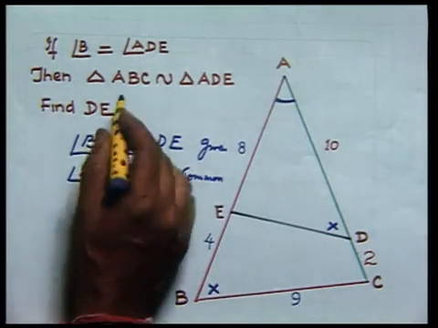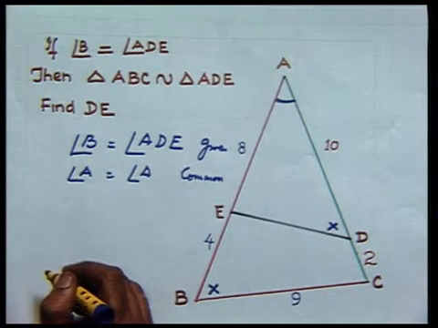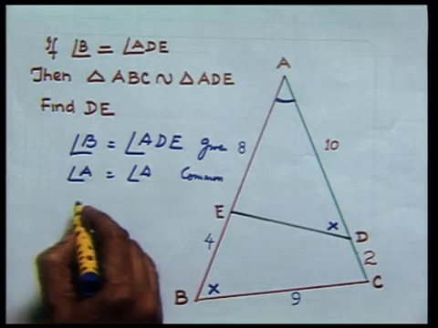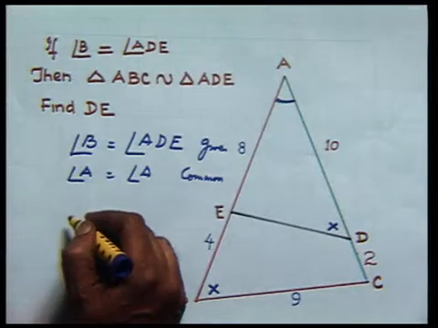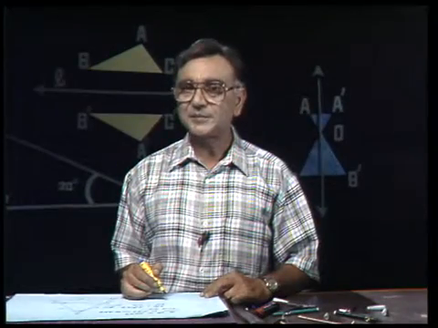Then can you say that the triangle ABC is similar to triangle ADE? Yes, of course we can say that, because in a triangle the sum of angles is 180 degrees and the third angle will automatically be equal to the third angle. So that means triangle ABC is similar to triangle ADE.